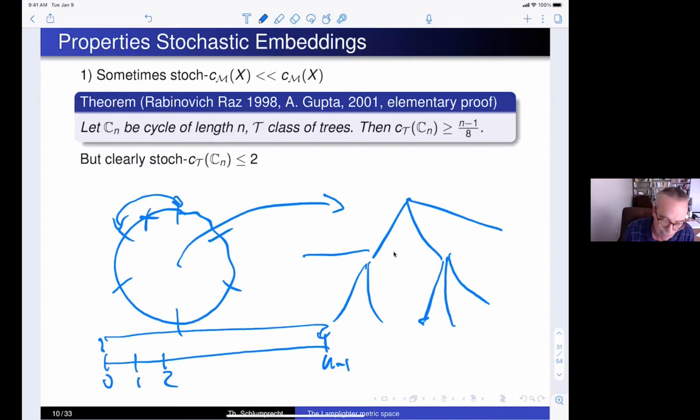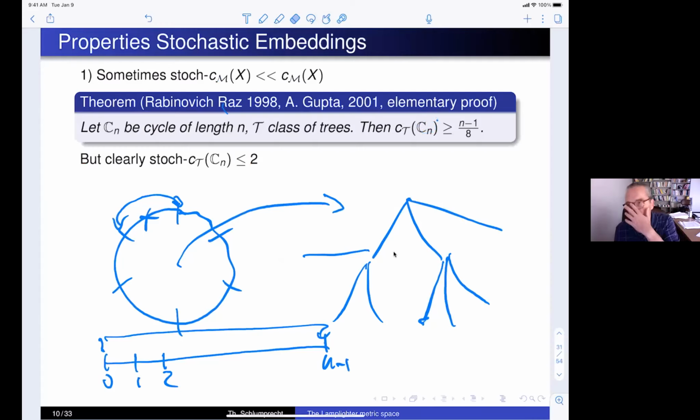But then, if you only require this to be an injective embedding, there's a proof by Rabinovich and Raz, which used algebraic topology, and then there's an elementary proof by Gupta in 2001, which says the distortion of a circle into trees is always bigger or equal than n-1.